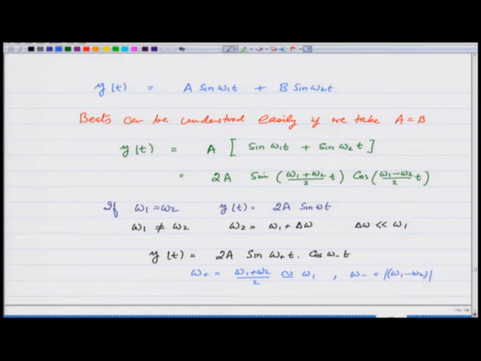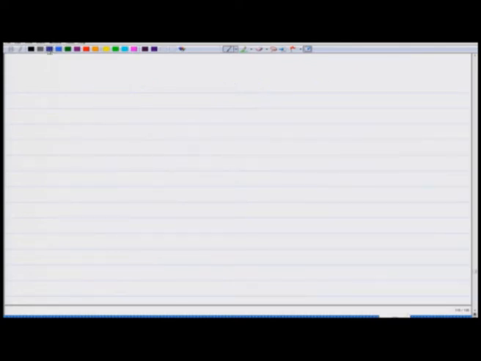For cosine it does not really matter. So, what I have is that y t is equal to 2A, which is some amplitude, times sine of omega plus t and cosine of omega minus t. Omega minus is much less than omega plus.